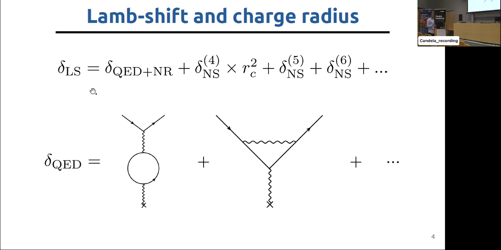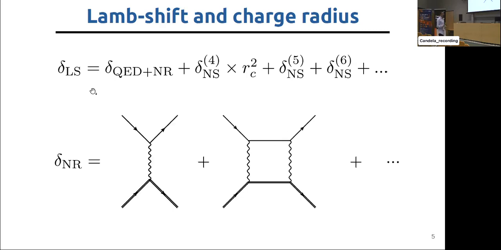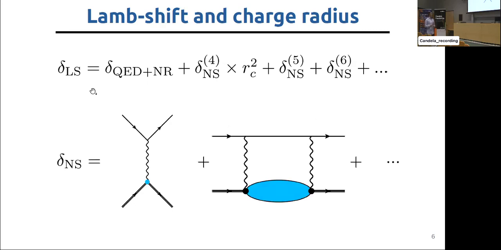One can improve the description of the nucleus, for instance by improving recoil corrections. So we can give the nucleus some dynamics to move around in space, and this generates these nuclear recoil effects that are small but sizable for muonic atoms. But if we want the most precise description of the nucleus, we need to include also these effects.